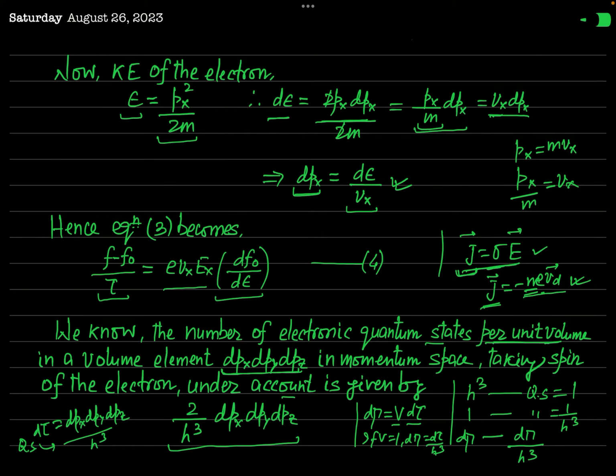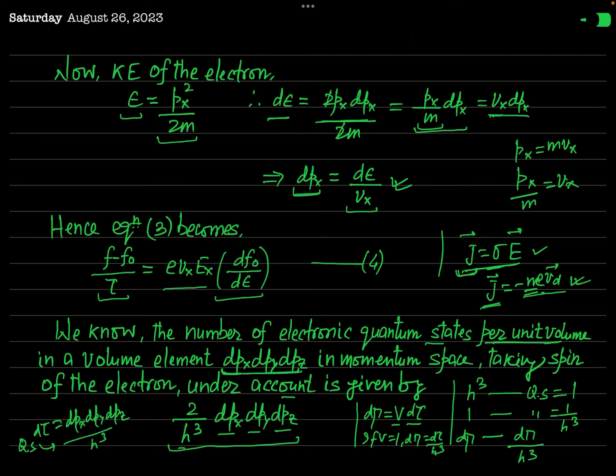This is due to the two spin states of the electron. So 2 over h cube times dpx into dpy into dpz is the number of electronic quantum states in 1 meter cube of a volume element dpx, dpy, dpz in momentum space.